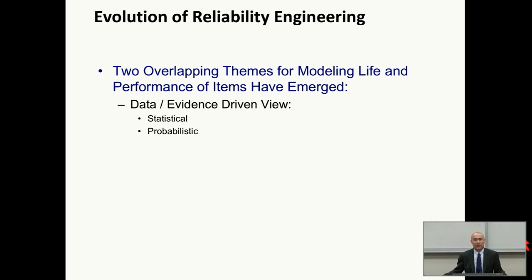This methodology is based on collecting data and assessing future occurrences or behavior of items based on past occurrences of failures or past data regarding the performance of these items. So clearly it relies on statistical and probabilistic methods to make that kind of estimation.